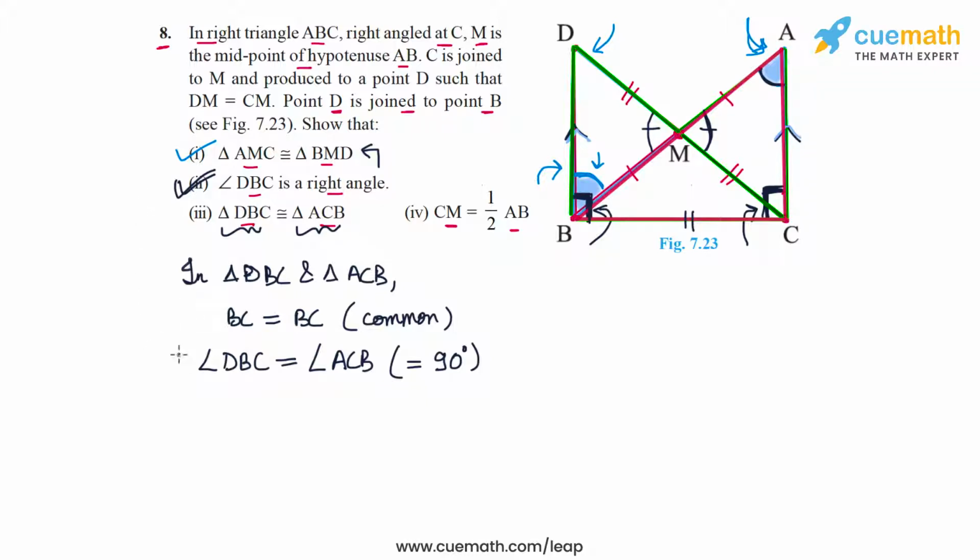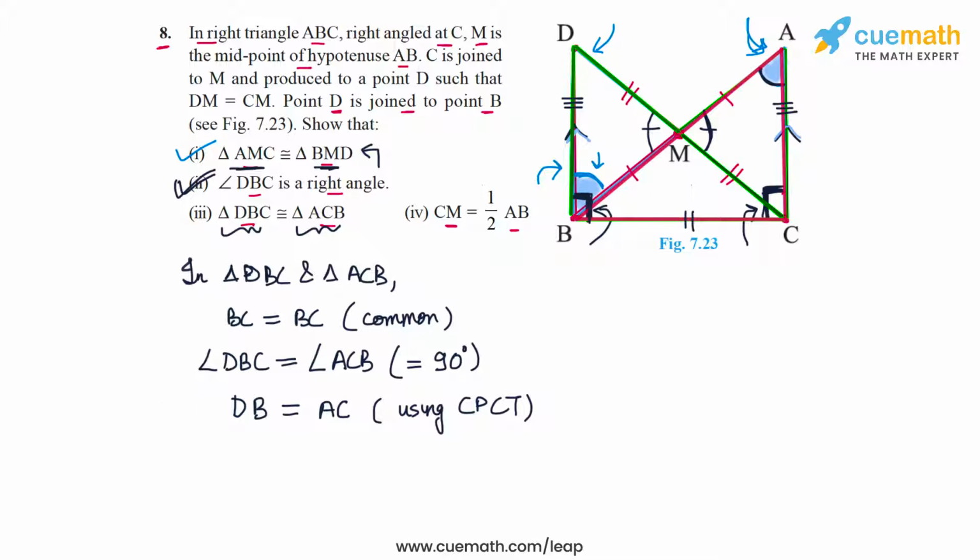Now we have two corresponding pairs of parts equal. What could be a third part? Well, we proved in part 1 that triangle AMC is congruent to triangle BMD, and this also means that AC, this side, is equal to BD, this side. Okay, so this is what we can use now. So we can say that DB is equal to AC using CPCT on the congruence result we got in part 1.